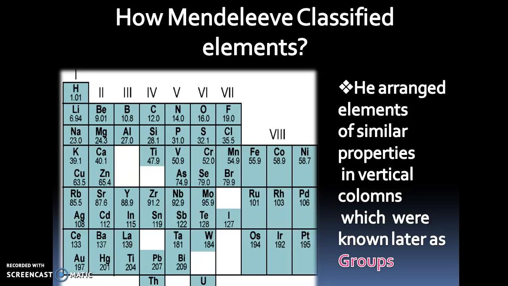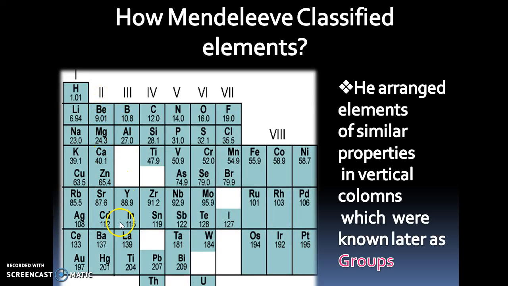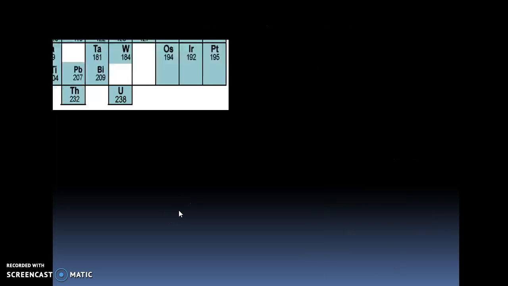He arranged elements of similar properties in vertical columns, which were known later as groups. As you can see in this figure, these are groups, vertical columns known later as groups.